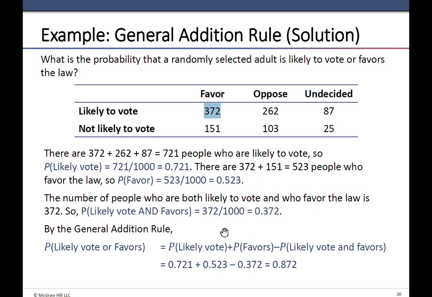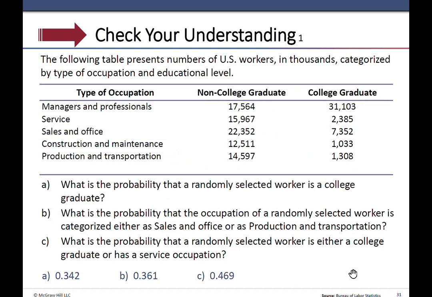So we have to subtract the overlap. We have to subtract those who are likely to vote and favor the law, which is 372 out of 1,000. So by the general addition rule, we're going to add the 0.721 plus the 0.523 and then subtract 0.372, and that gives us 0.872. So that is the general addition rule.